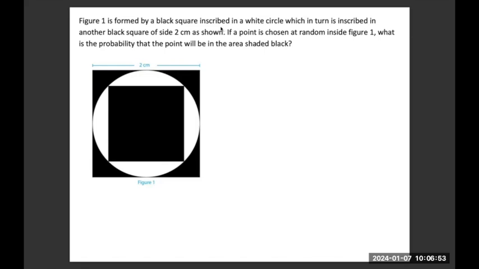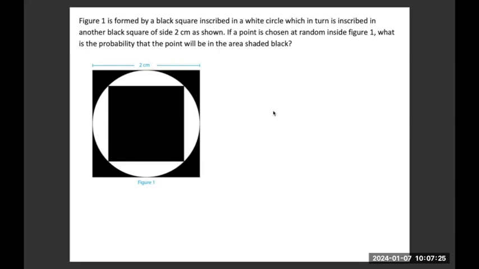While I'm solving it, see, it's actually not that confusing. You have to just find the probability that if any random point is chosen, that point will be in the black shaded area. You don't have to find the area of the black square. All you have to do is find the proportion of the black shaded area with reference to the whole square of 2 by 2.